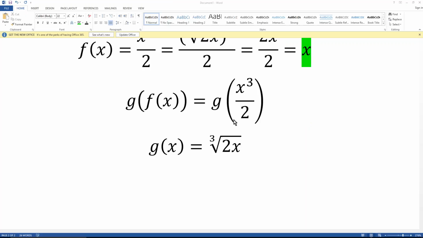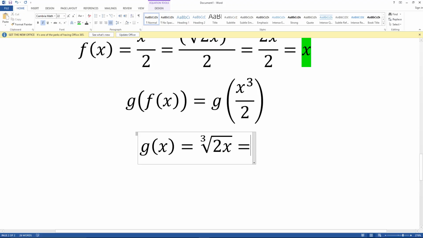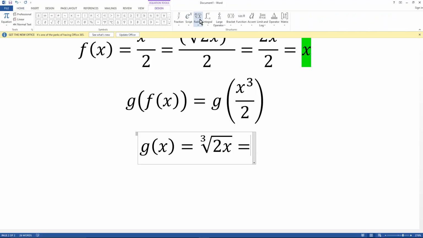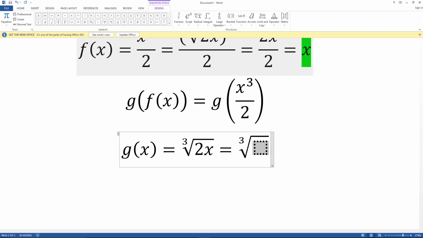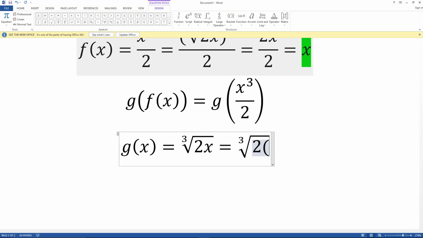Okay, so now I keep everything the same, so I'm going to say cube root of 2, and I replace that x with what? X cubed over 2.